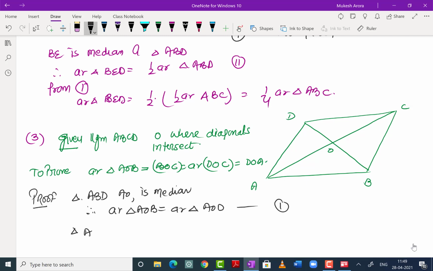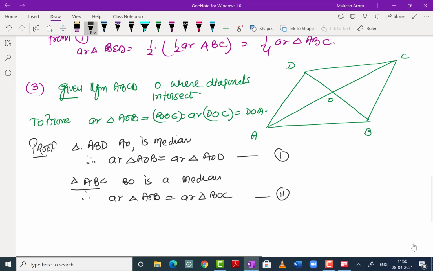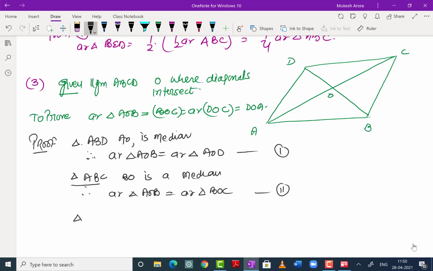Triangle ABC, BO is a median. Therefore, area of triangle AOB is equal to area of triangle BOC. And third is triangle ADC, CO is a median. Therefore, area of triangle BOC is equal to area of triangle DOC.